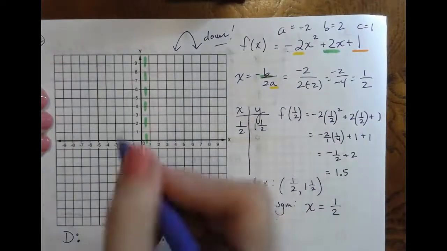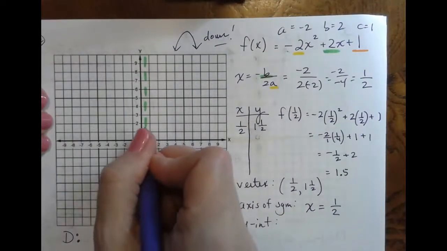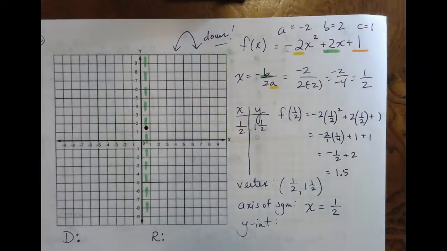So let's plot that point. Over half, up 1 and 1/2. It's right in the middle of that particular little square. So we've plotted our vertex. The next easiest thing, and I'll remind you with orange here, is to let x be equal to 0.